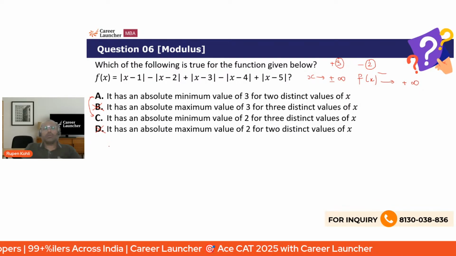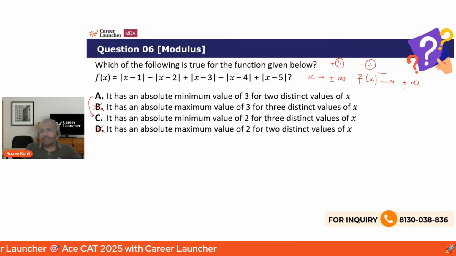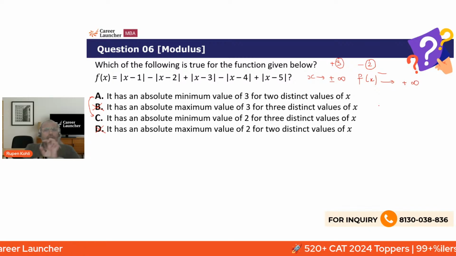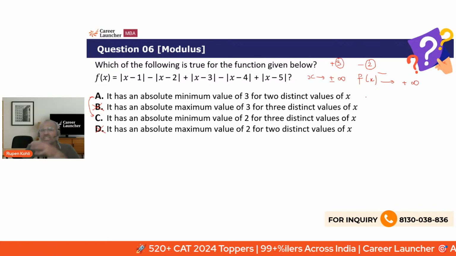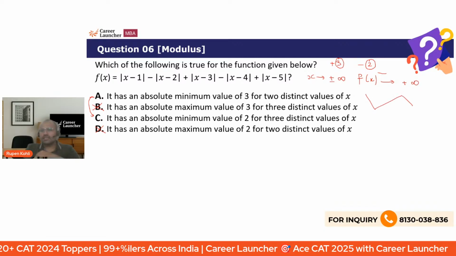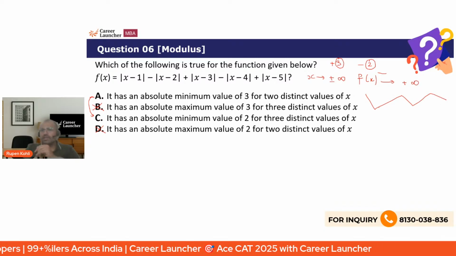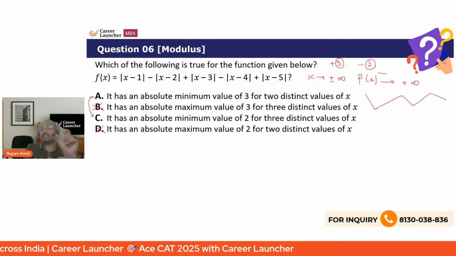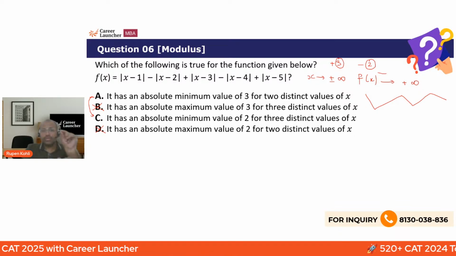Okay, so now what we can do is, we know that whenever mod terms are bunched together in addition or subtraction, the graph of this function is always a set of connected line segments, like a zigzag pattern, something like this. Wherever there are breaking points of the graph, this function has breaking points at 1, 2, 3, 4, and 5.